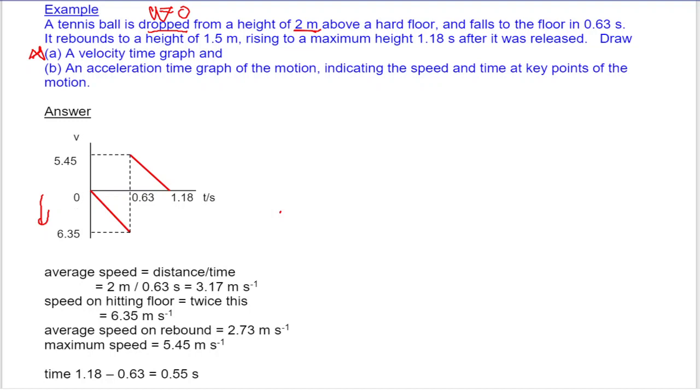So in order for us to get the total distance, like I said earlier on, we use the formula: area under the graph is equal to the total distance traveled. So we can say half base times height.